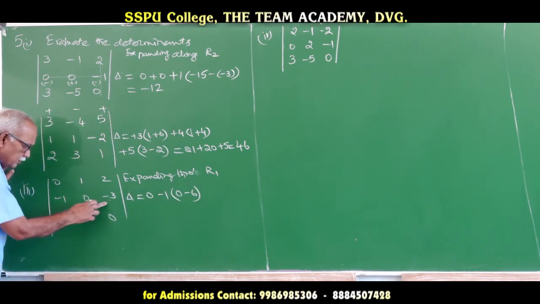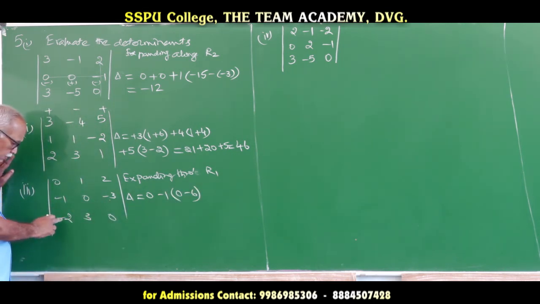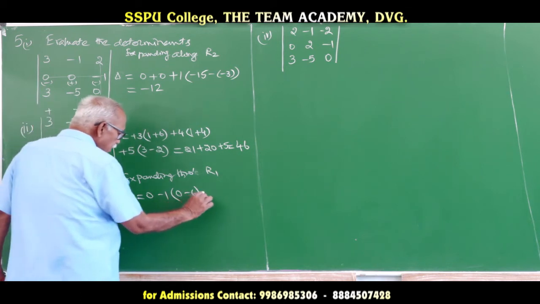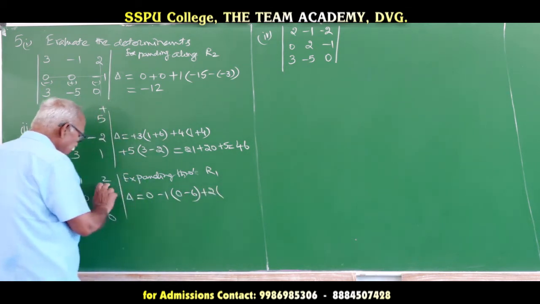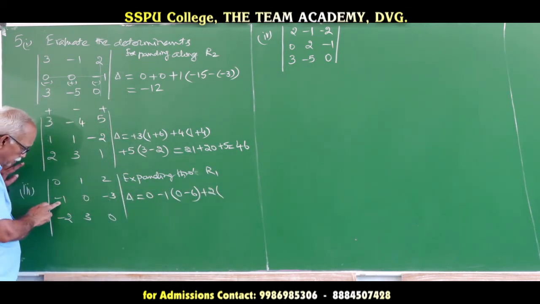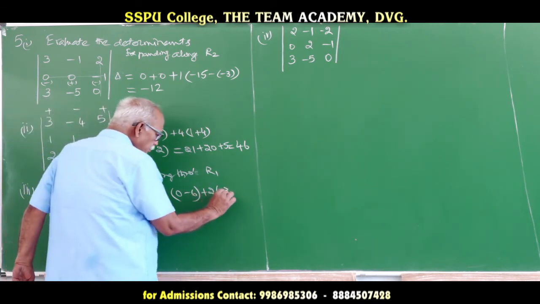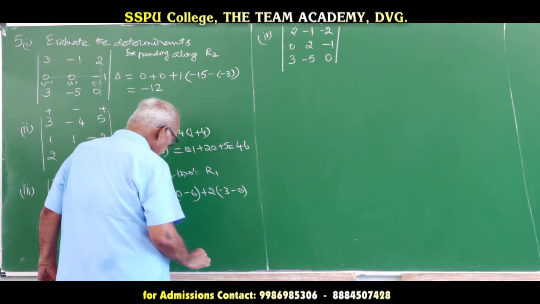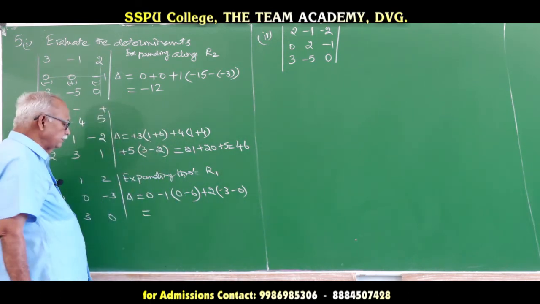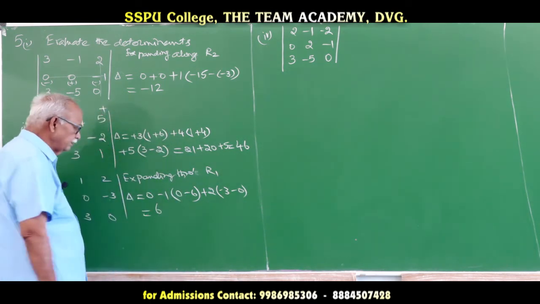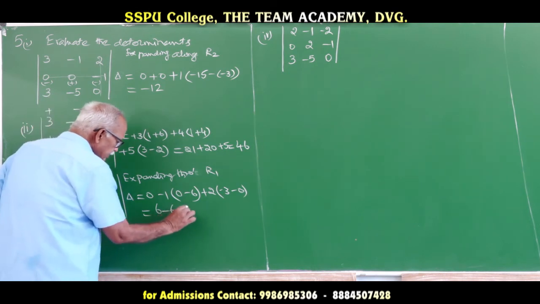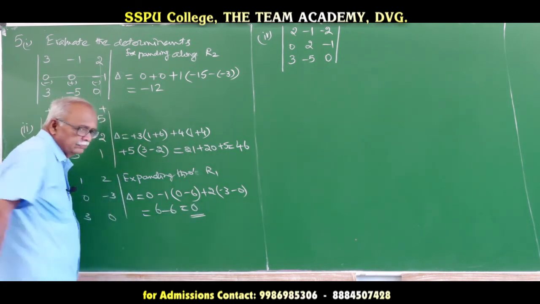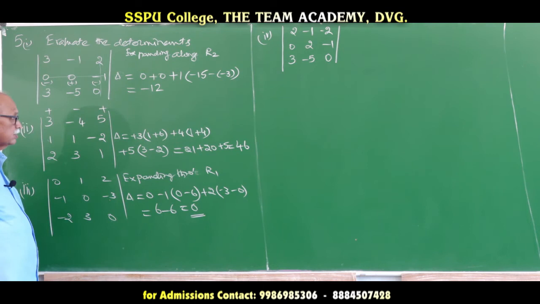So, you multiply this, you will get plus 6, but minus sign we are subtracting it. So, we get a minus sign. Next, plus 2 into, here 2, 2 into, multiply this minus 3 and 0, minus 3 minus 0. Now, this becomes 6 minus 6. So, its value is 0. The value of this determinant is 0.